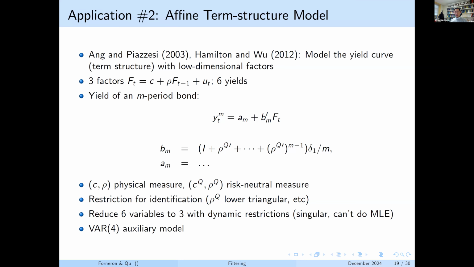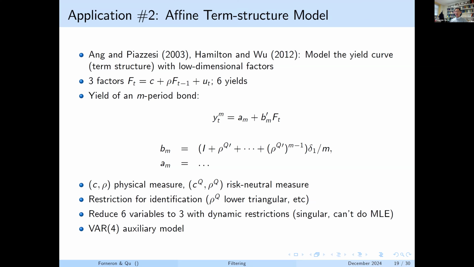In this representation, c and rho correspond to parameter values under the physical measure, and c^Q, rho^Q denote parameters under the risk neutral measure. The estimation of the model will allow us to recover parameters under both measures because they are connected to each other.